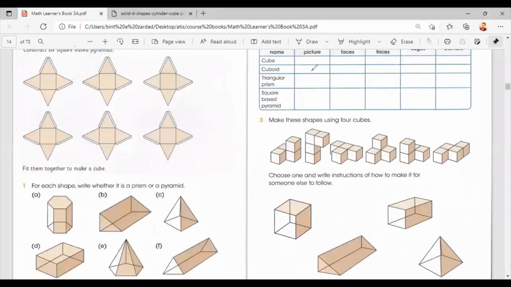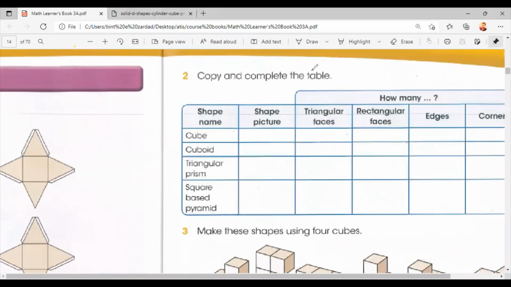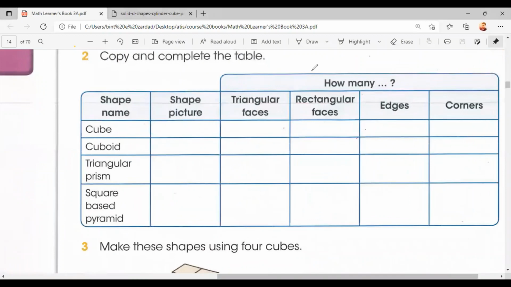Next question. Copy and complete the table. Shape name: cube, cuboid, triangular prism, and square base pyramid. And you need to draw cube, cuboid. Already done it on the last page.